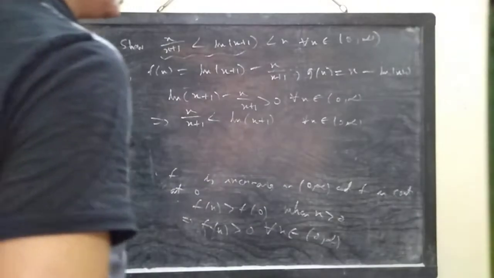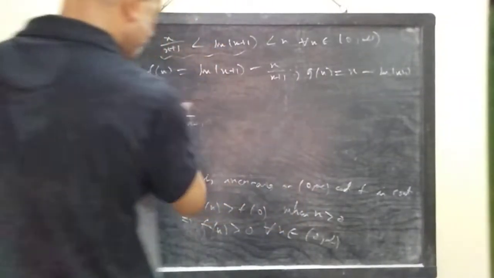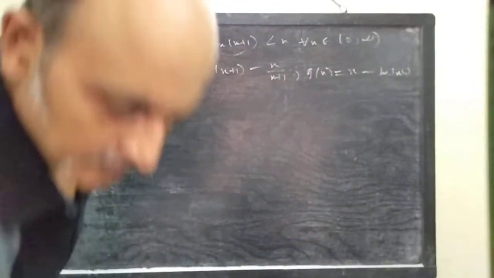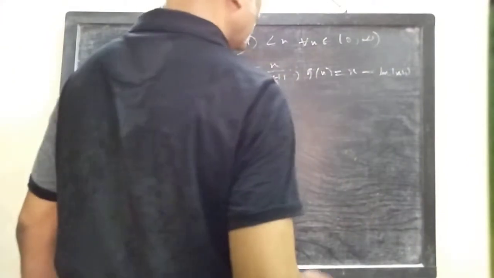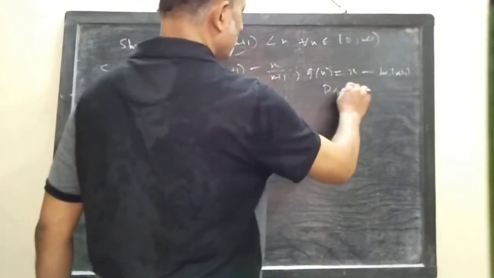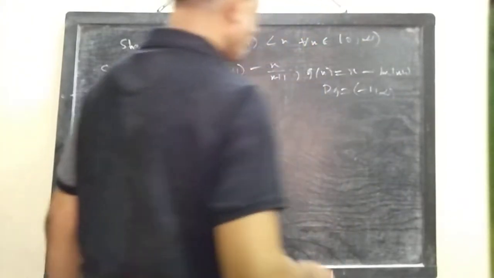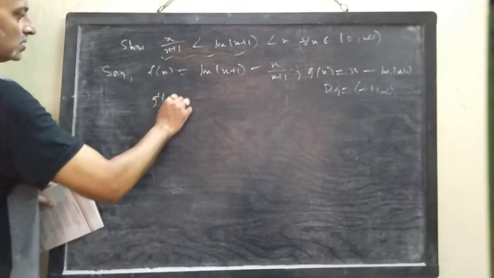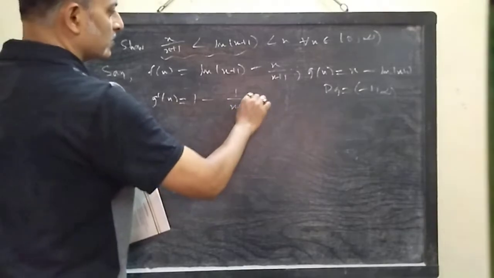So we get the derivative of g(x) now. Our g(x) is that, here also the domain of g is minus 1 to infinity, a superset of this. g dash x is 1 minus 1 by (x plus 1).